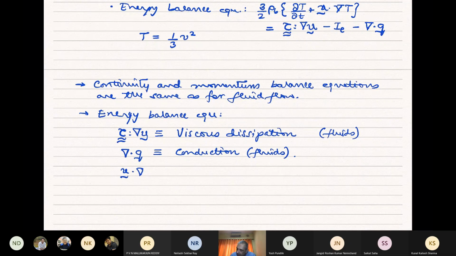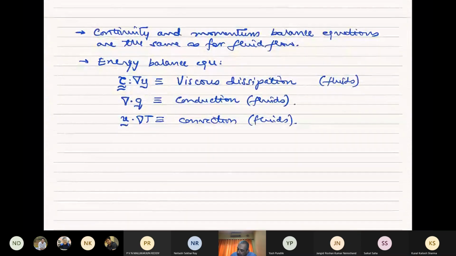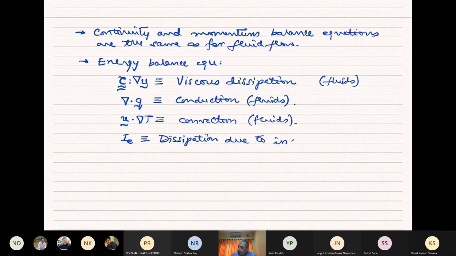The U dot gradient of T term is the convection term. This is also seen in fluids. However, here this is the dissipation or loss of energy due to inelastic collisions. So this never comes in fluids. So this is only granular.